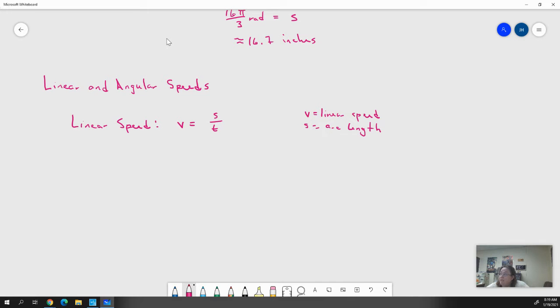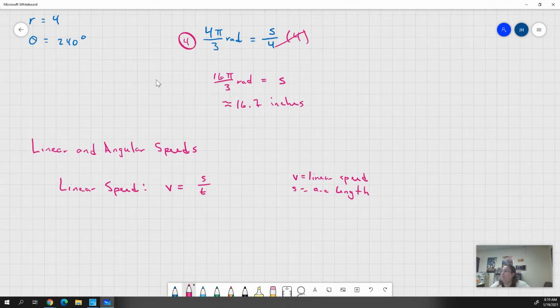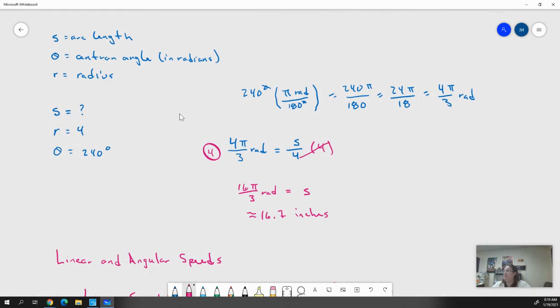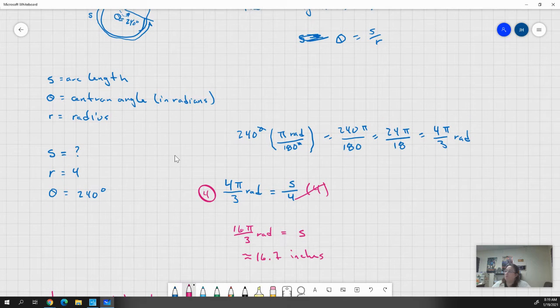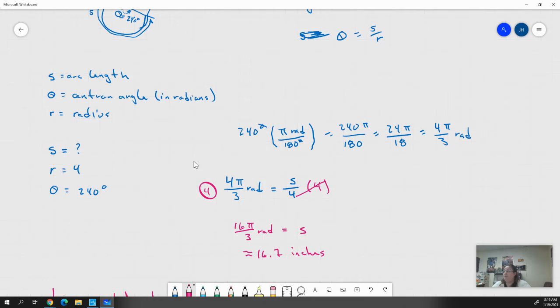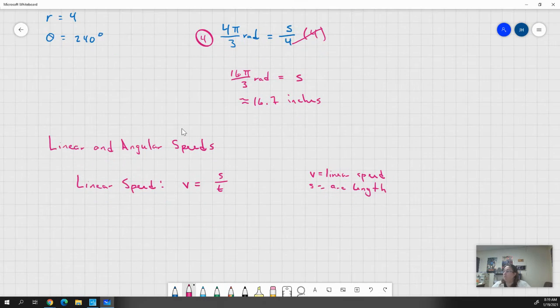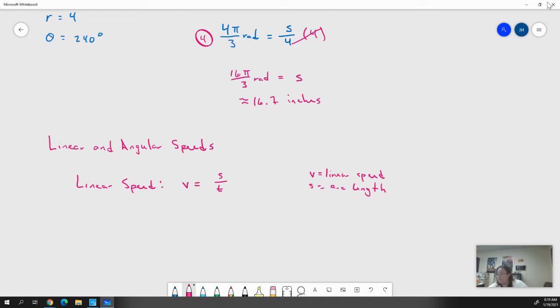We just learned how to do S up above, right? The formula for S is that S equals R times theta.